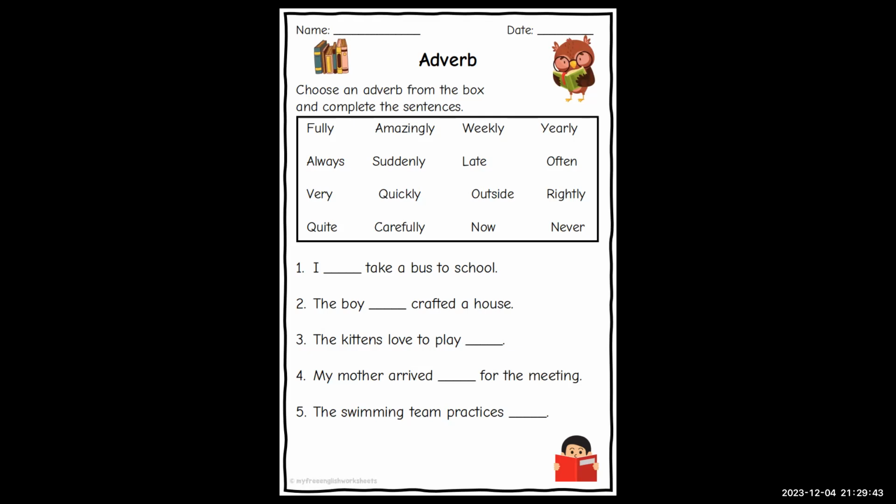Number 2. The boy... it can be never, it fits the sentence. It can be carefully. That's right. For carefully, what type of adverb is that?